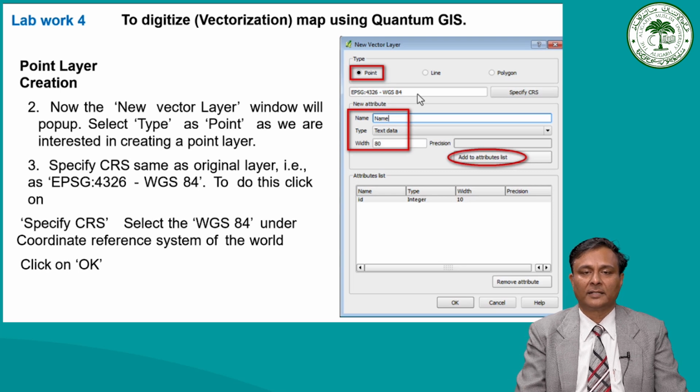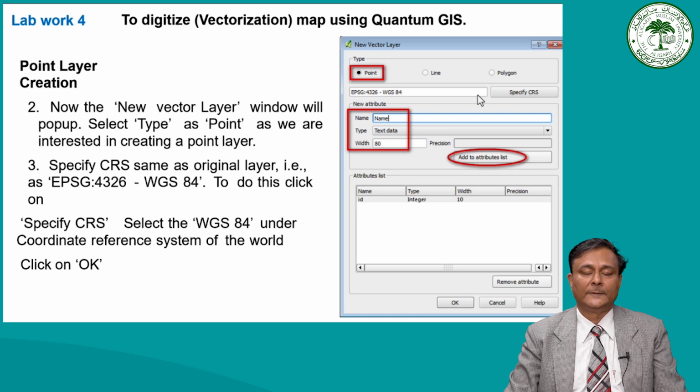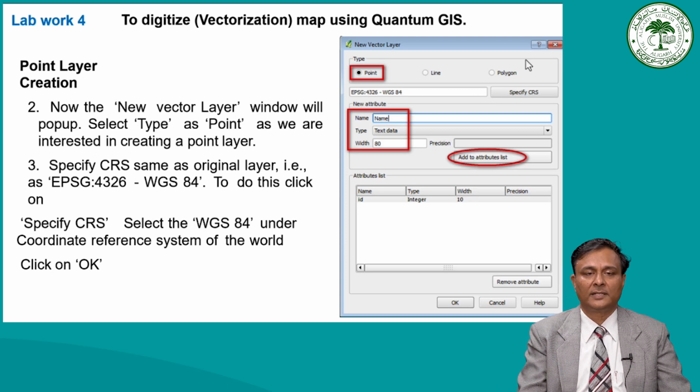So we would select it here. If you click here, you would get a lot of options, and as you recall from our explanation about the reference system, there can be many options, but for our convenience and for better representation, we are using the WGS 84.